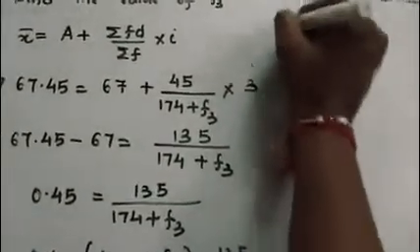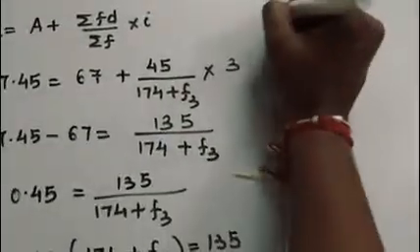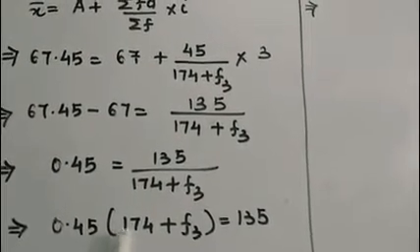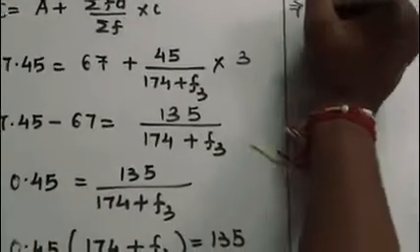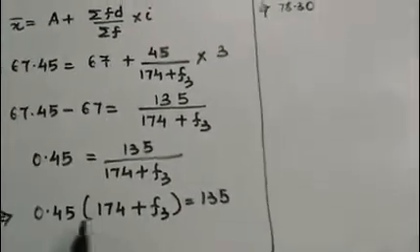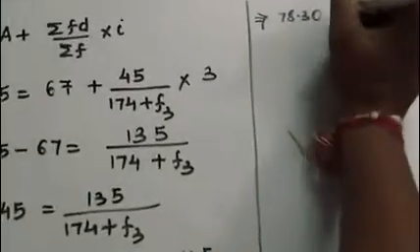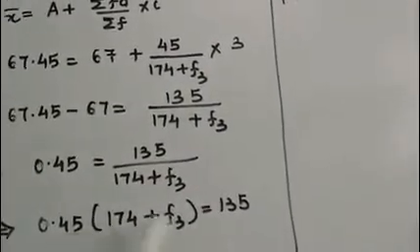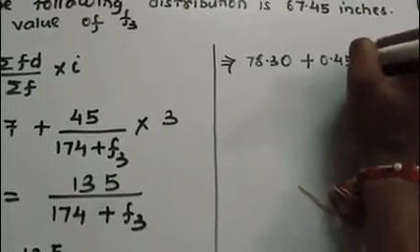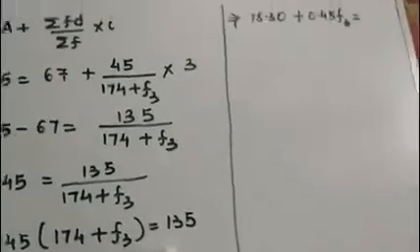After that, 0.45 into 174 gives you 78.30, just by using the calculator, plus 0.45 into f3, and that side we have 135.